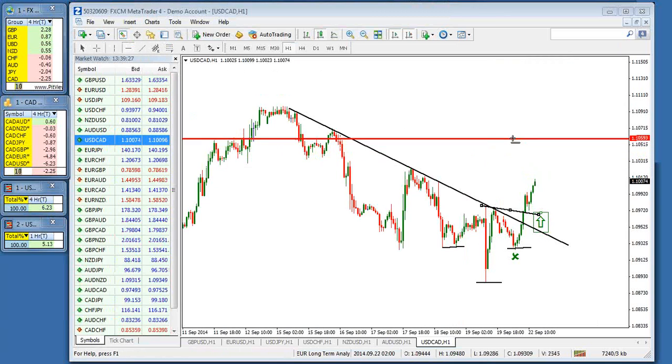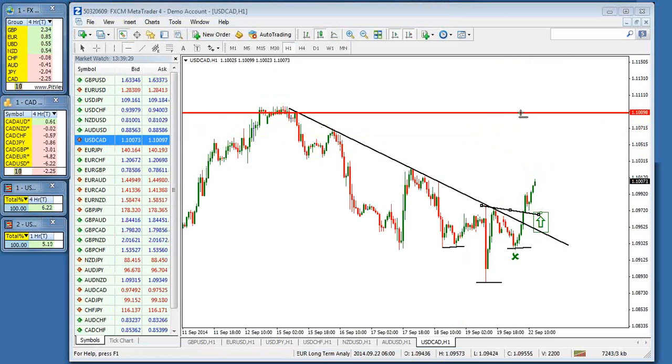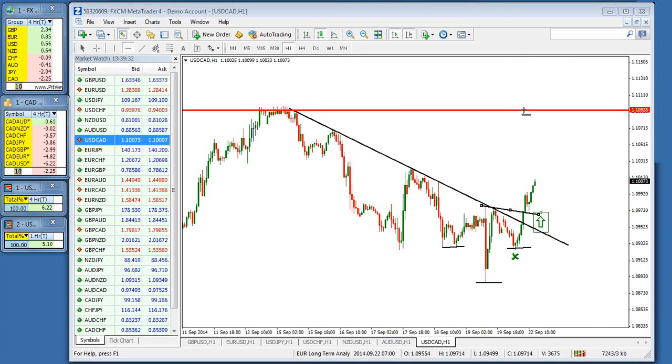So 1.10. So your limit's going to be right up in here, right below that 1100 level on the dollar Canadian. That's the next resistance level, if you will. That would be putting your limit quite a ways up there, right near a resistance level.